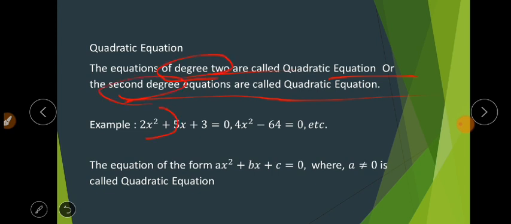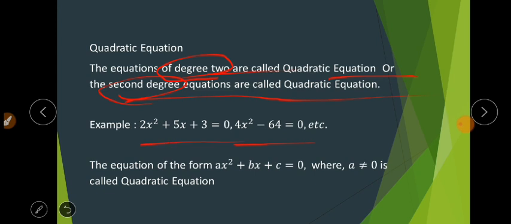That means the value of x will be in the form of a square, x to the power 2, that is x square. We have different examples here: 2x square plus 5x plus 3 is equal to 0, or 4x square minus 64 is equal to 0, etc. All these kinds of equations are termed quadratic equations.